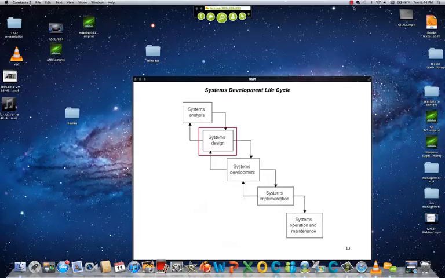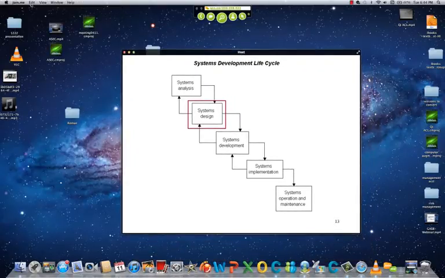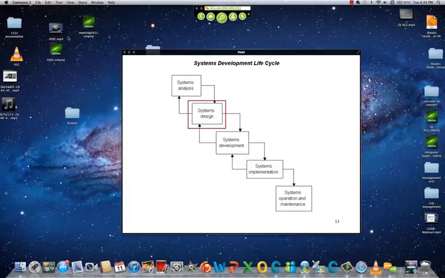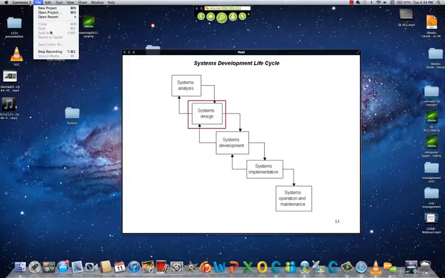So just give me one moment, please. I don't know macOS that well. Oh, okay. Good. So it's recording already.